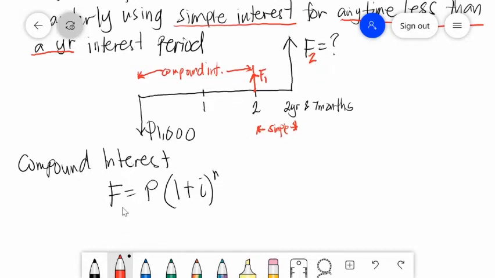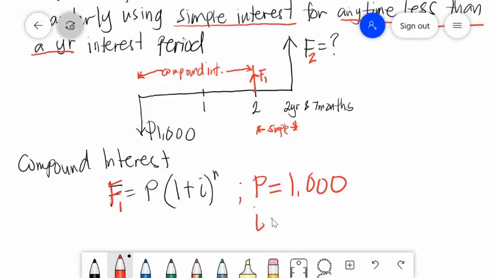Compound interest, this is your F1. Our principal amount or present is equal to 1,000 pesos.